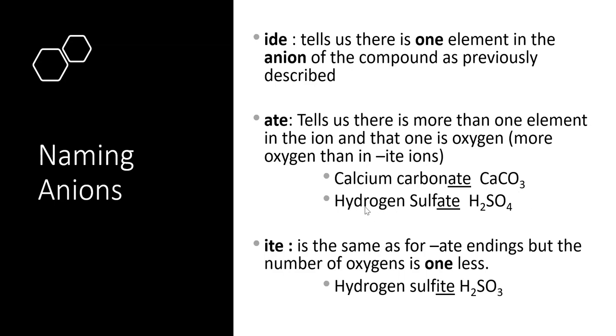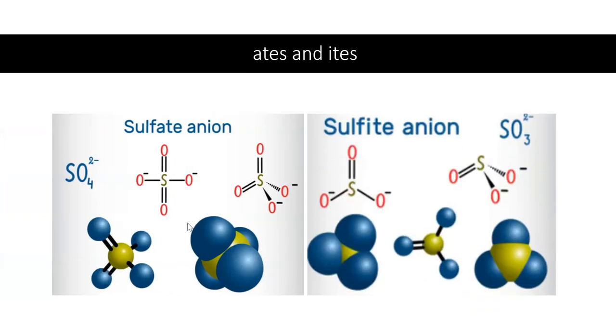So if we look at hydrogen sulfate here, it's got 4 oxygens, whereas hydrogen sulfite only has 3. So ites have 1 less oxygen than ates. Again, looking at our ates and our ites, we've got sulfate here and sulfite here. So our ites have 1 less oxygen.